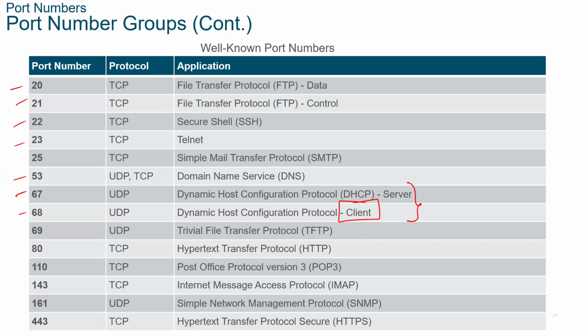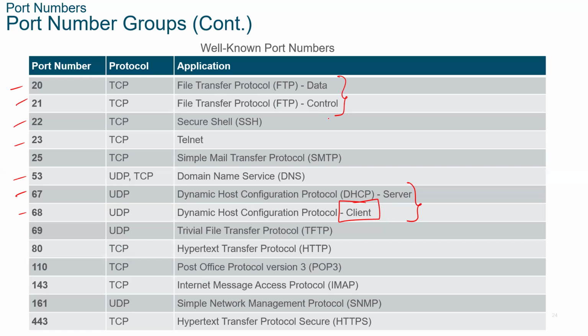But for every other protocol or application, which is not this one, the source port is automatically generated. This one is also not like every other protocol, which has one port number. This one has two. One port number is for data, and the other one is for control traffic.